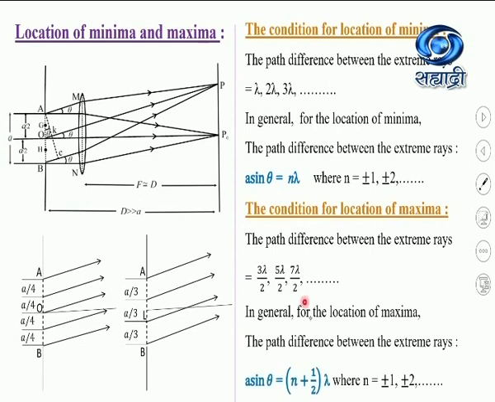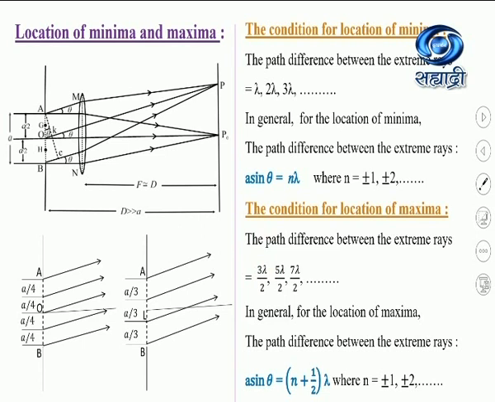So in general, for the location of maxima, the path difference between the extreme rays, which is equal to a sine theta, should be equal to n plus half into lambda, where n takes the values plus minus 1, plus minus 2 and so on. Again, plus minus sign indicates that the fringes are lying on both the sides of central maximum, and when n is equal to 1, we get the first condition of path difference.